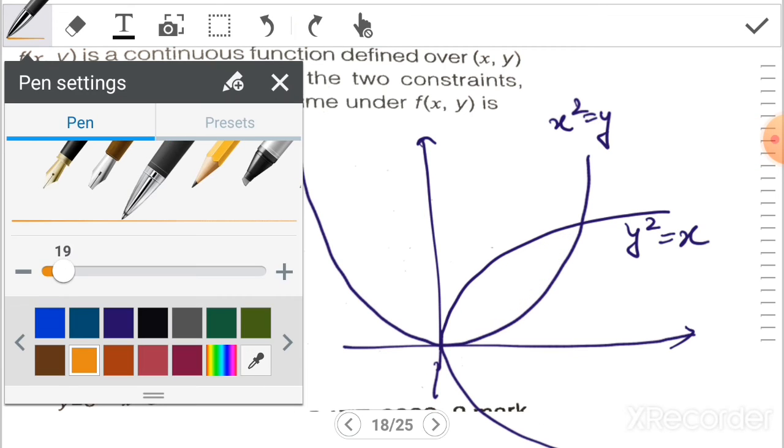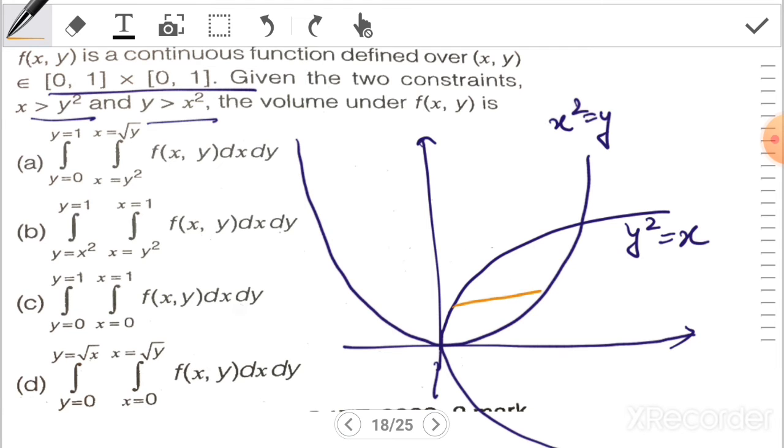So taking a horizontal strip, y is constant and x is varying from the lower end, which lies on y square is equal to x. So x is equal to y square, and the second end lies on x square is equal to y.